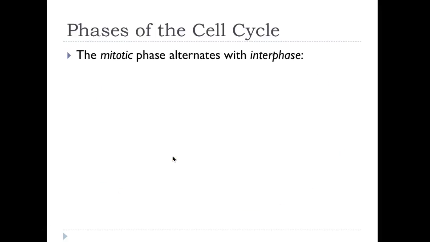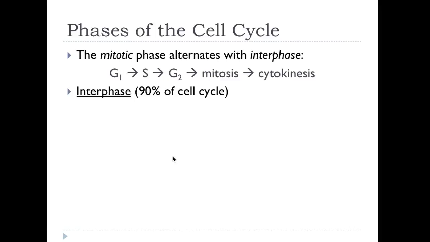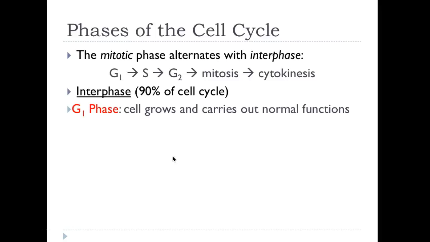Looking at the phases of the cell cycle a little closer, the mitotic phase alternates with interphase: G1, S, G2, mitosis, and then cytokinesis. Interphase makes up about 90% of the cell cycle. In the G1 phase, the cell grows and carries out normal functions.